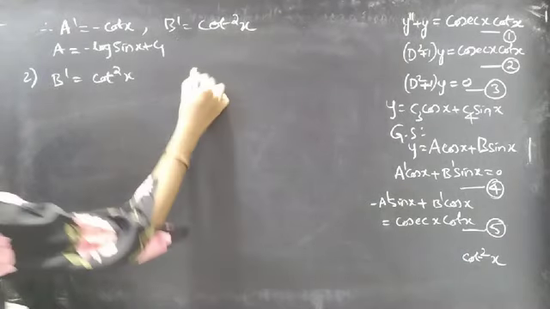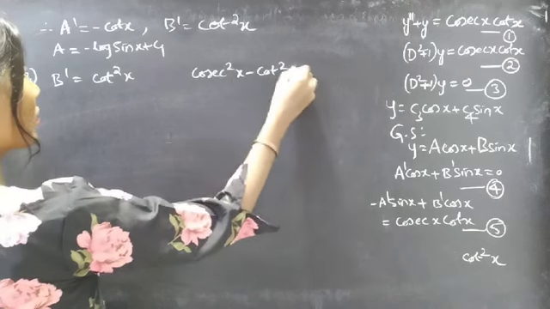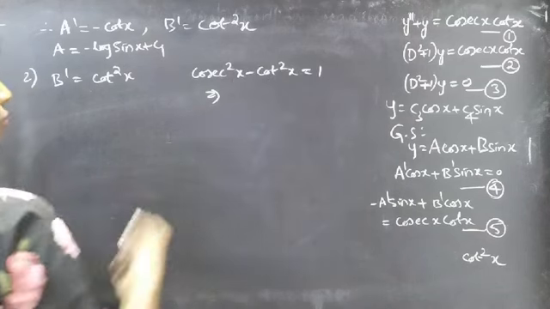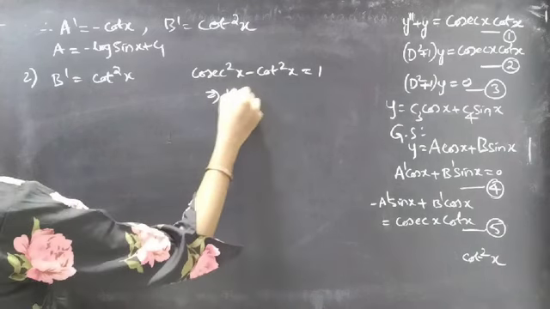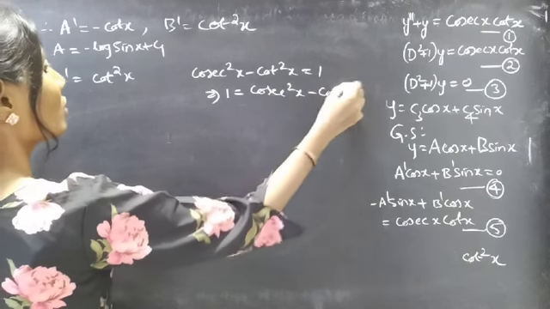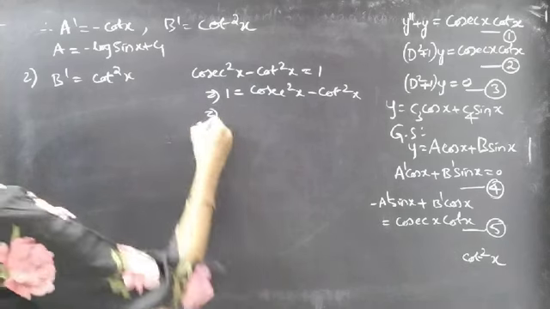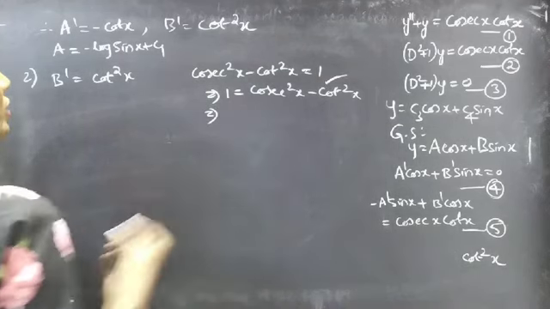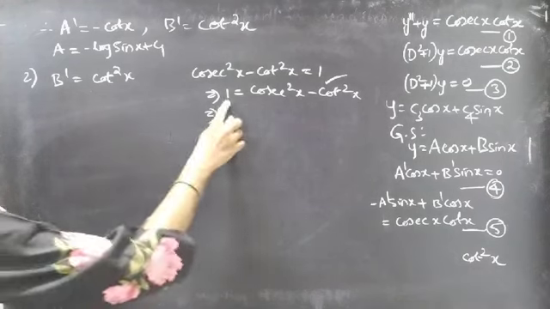We know that cosecant square x minus cot square x equals 1. Now we can write it as 1 minus cosecant square x minus 1 equal to cosecant square x minus cot x. Now bring this minus cot square x to LHS and take this 1 to RHS.